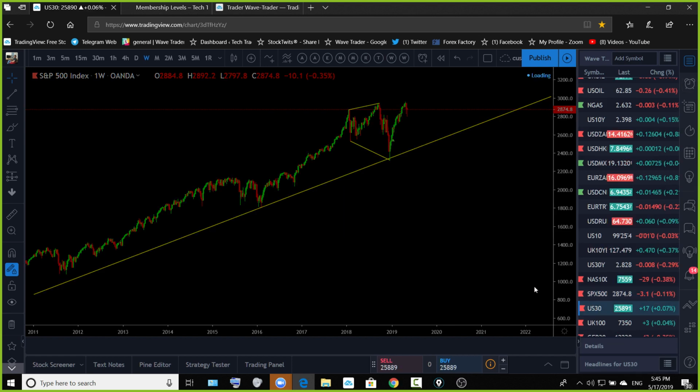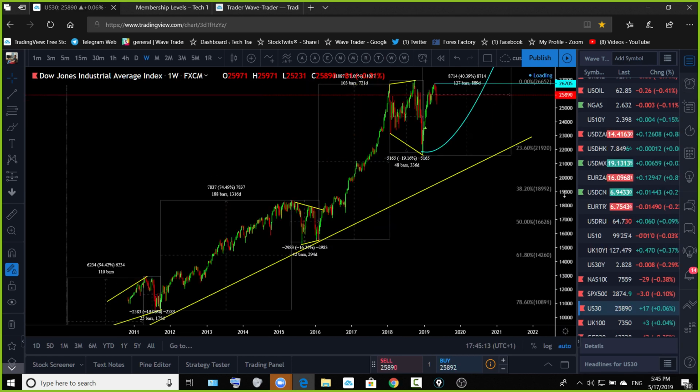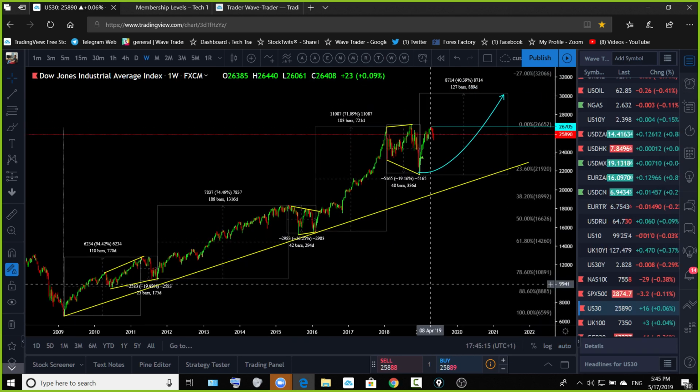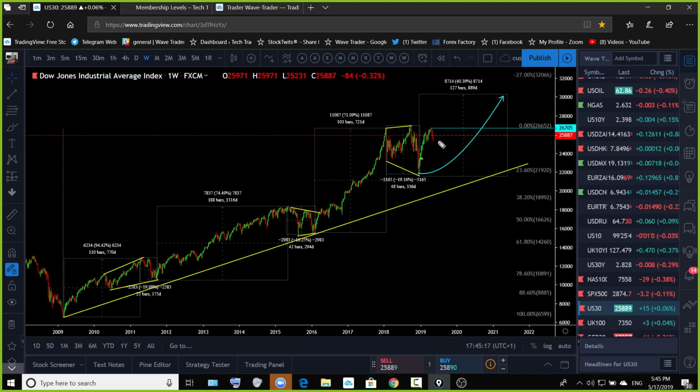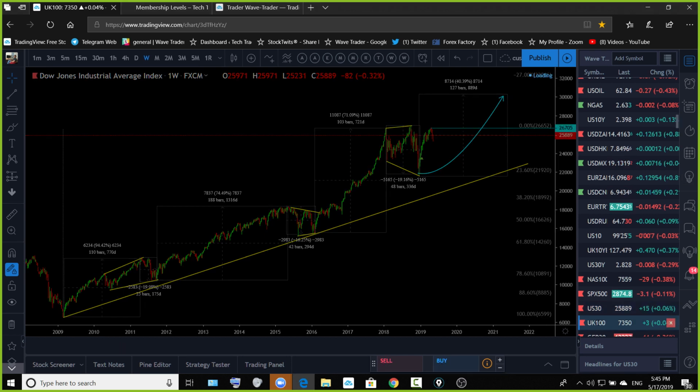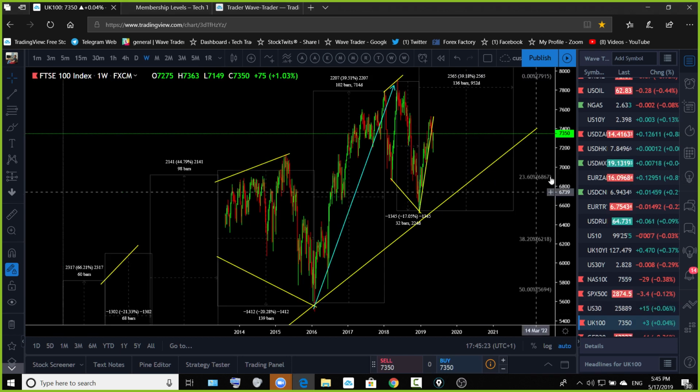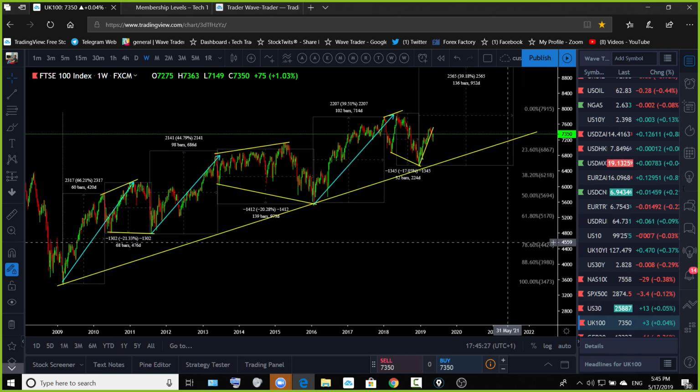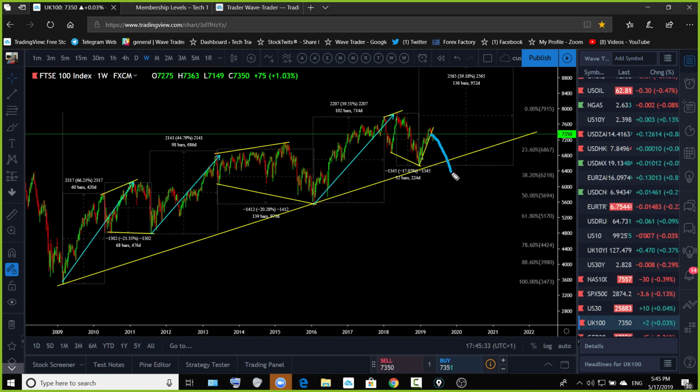US 30, same analysis: get down for one more drop and then continue. The UK 100 index is also the same: get down to a new low, an ABC move, and then go higher.